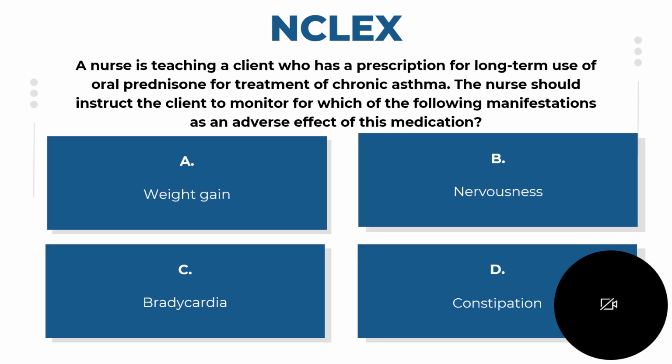Okay? A nurse is teaching a client who has a prescription for long-term use of oral prednisone for treatment of chronic asthma. The nurse should instruct the client to monitor for which of the following manifestations as an adverse effect of this medication. Y'all saying B?